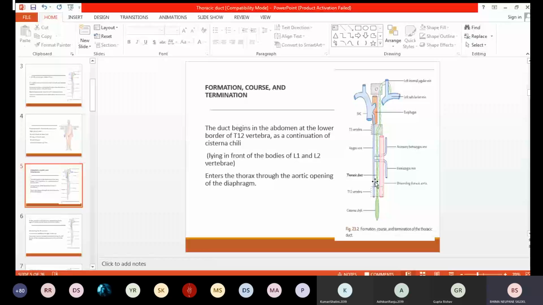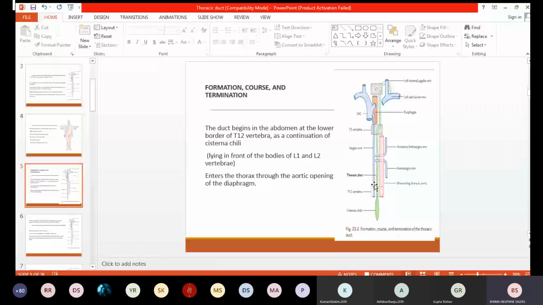So the first part is the upper end of the cisterna chyli in the abdomen. After that you have to remember the 12th thoracic vertebra. So it exactly starts at the lower border of the body of the 12th thoracic vertebra as a continuation. Now you can see this is the upper end of the cisterna chyli, so this directly continues as the thoracic duct. Okay, so the upper end of the cisterna chyli is at the lower border of the 12th thoracic vertebra.